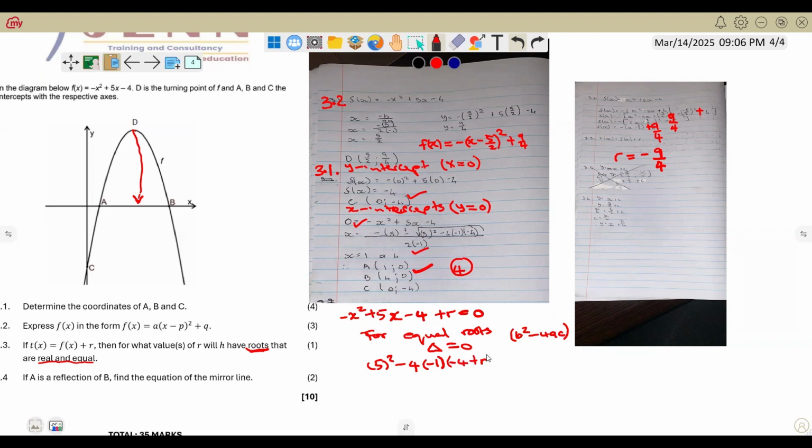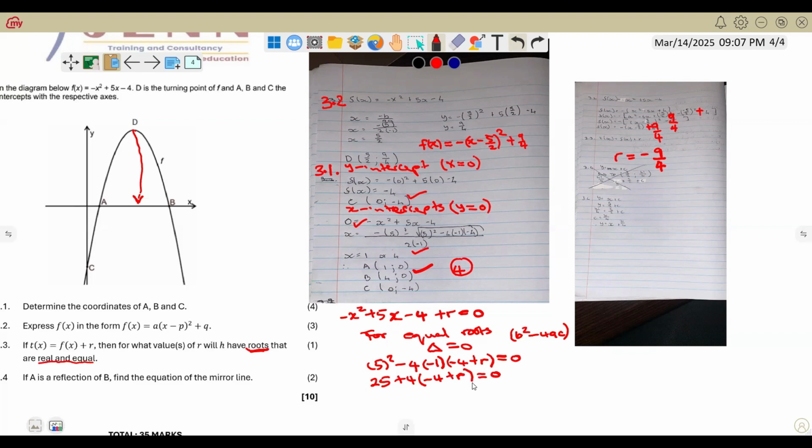Let us expand. 5 squared gives 25. Then minus 4 times minus 1 gives plus 4. Then we have minus 4 plus r must be equal to 0.